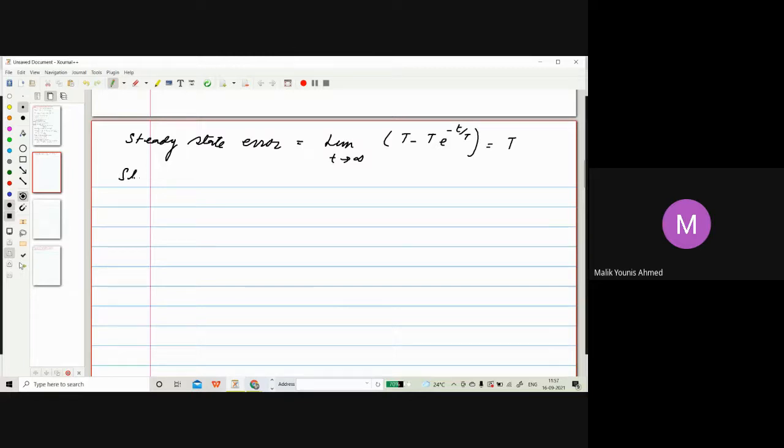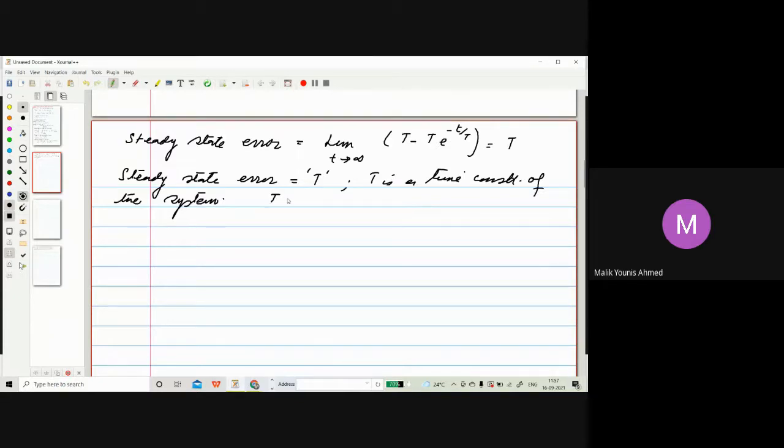So steady state error is equal to T, and we know T is the time constant of the system. For a smaller time constant, what will happen? Steady state error will be small and the speed of the response will increase.